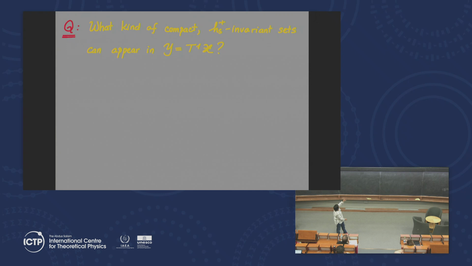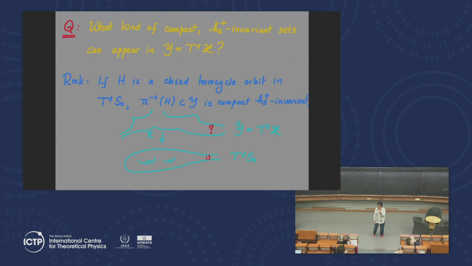So the question I would like to address is what kind of compact invariant sets for the horocycle flow do you have in these creatures? And first of all, a remark: there exist compact invariant sets for the horocycle flow.